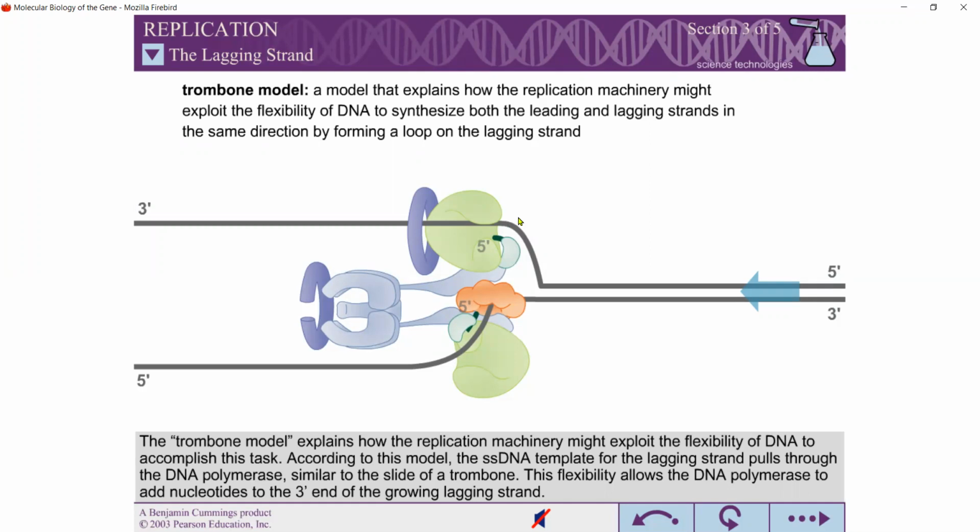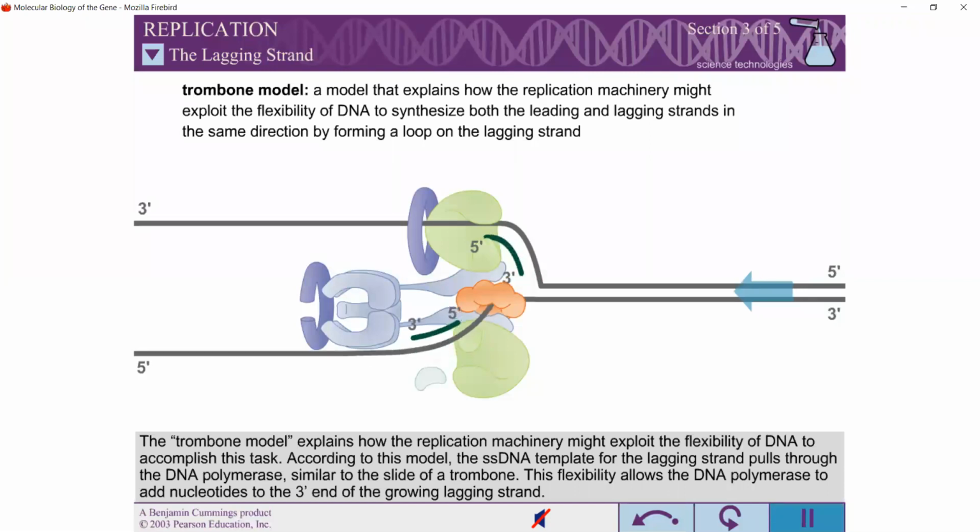On the 3' end of the mother, the primase has recognized the 3' end and is now synthesizing a small primer. So this is the 3' end, and the polymerase will be synthesizing from this 3' end of the primer.